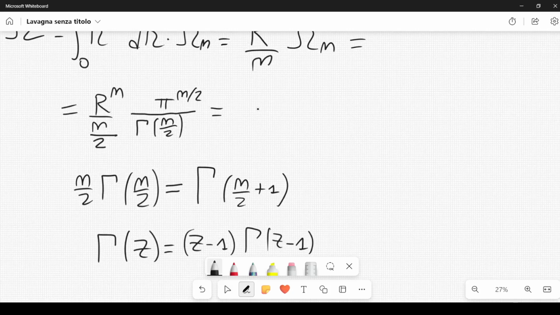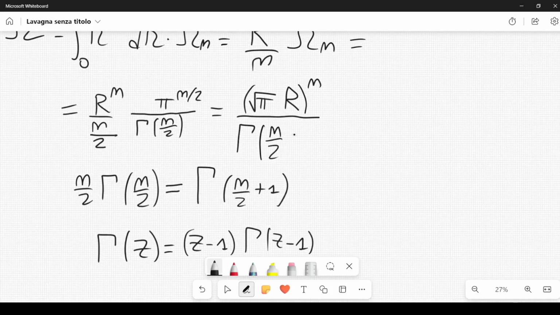So we can write this in a more compact form like this. If you want, you can write it as the square root of pi times capital R to the power n divided by gamma of n over 2 plus 1. So this is the result for an n-dimensional sphere. In particular, this is the volume of an n-dimensional sphere.